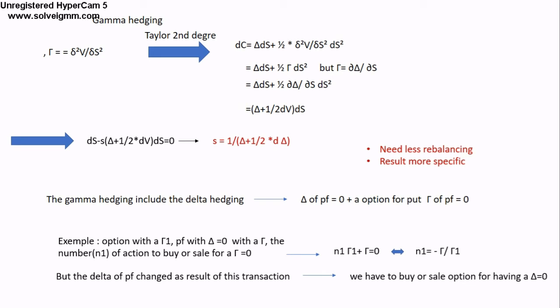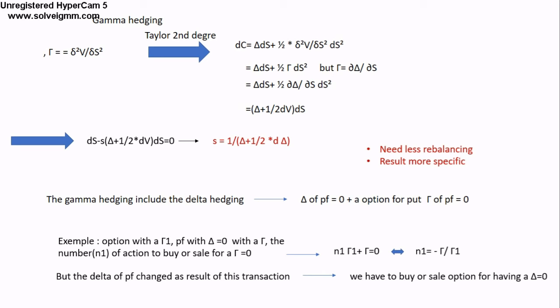And the number N1 of actions to buy or sell for gamma equal to 0. We want to know N1. We have this expression N1, gamma 1, and gamma equal to 0. So we found N1 equal to minus gamma on gamma 1.